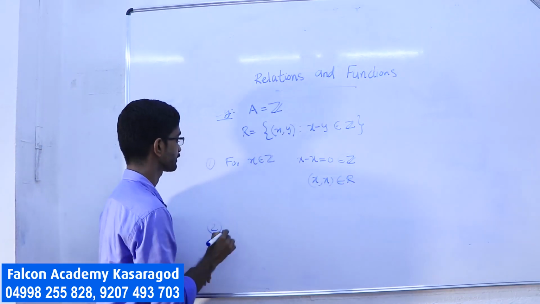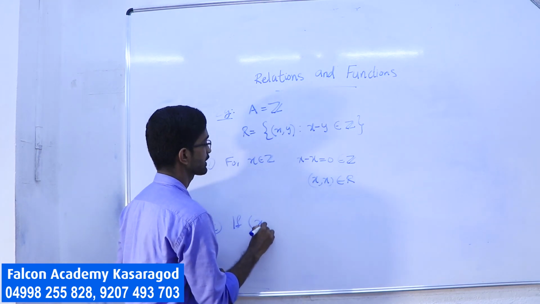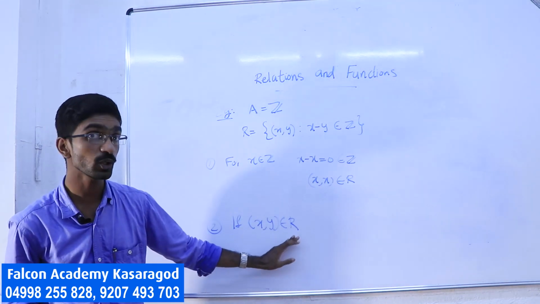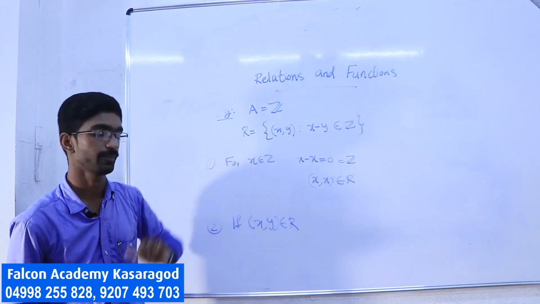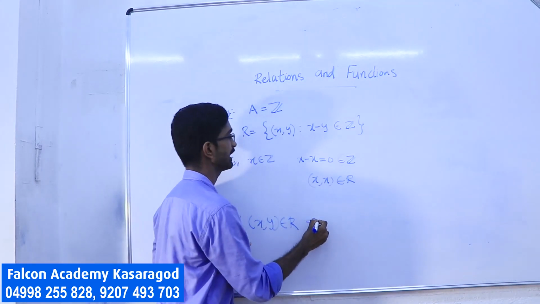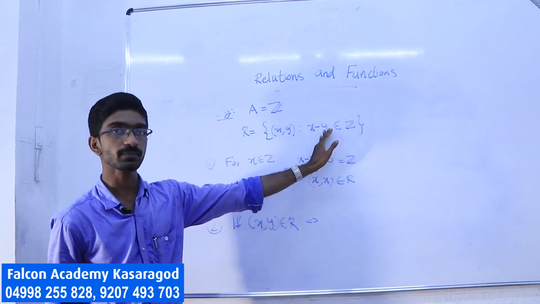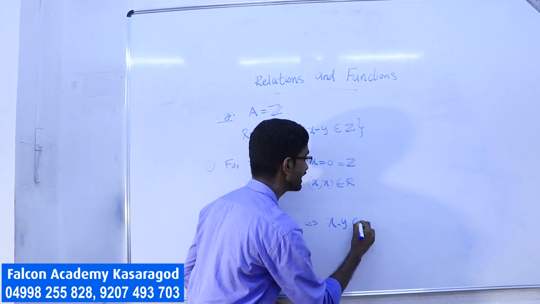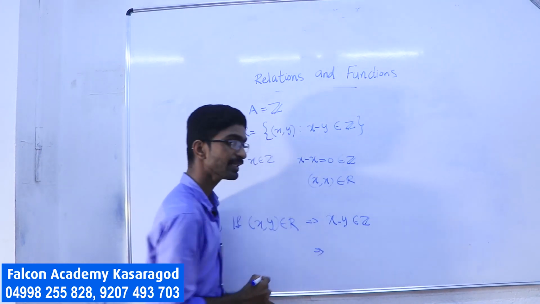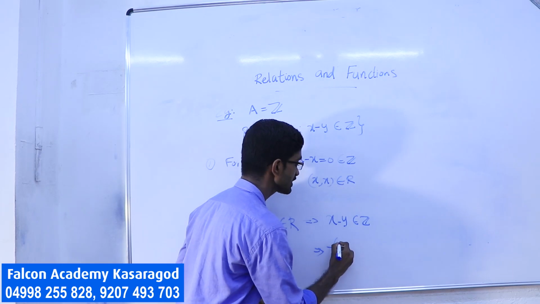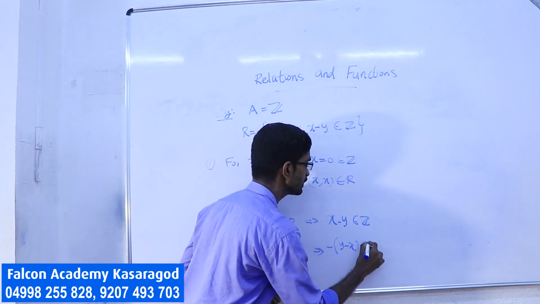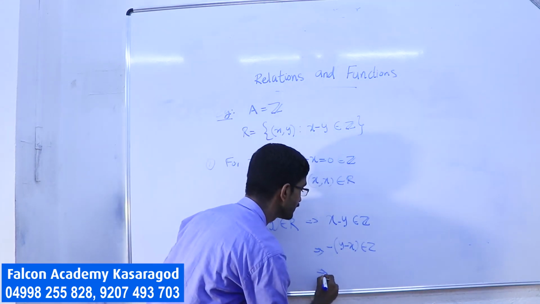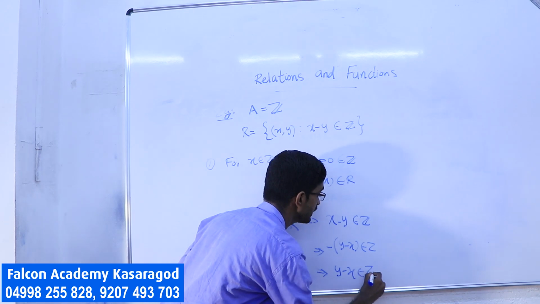The second is, if (x, y) belongs to R, we have to show (y, x) is in R. For that, (x, y) belongs to R will imply x minus y is an integer, or I can write, taking minus outside, minus of (y minus x) belongs to Z. Clearly minus of (y minus x) belongs to Z. This will give you y minus x also is an integer.